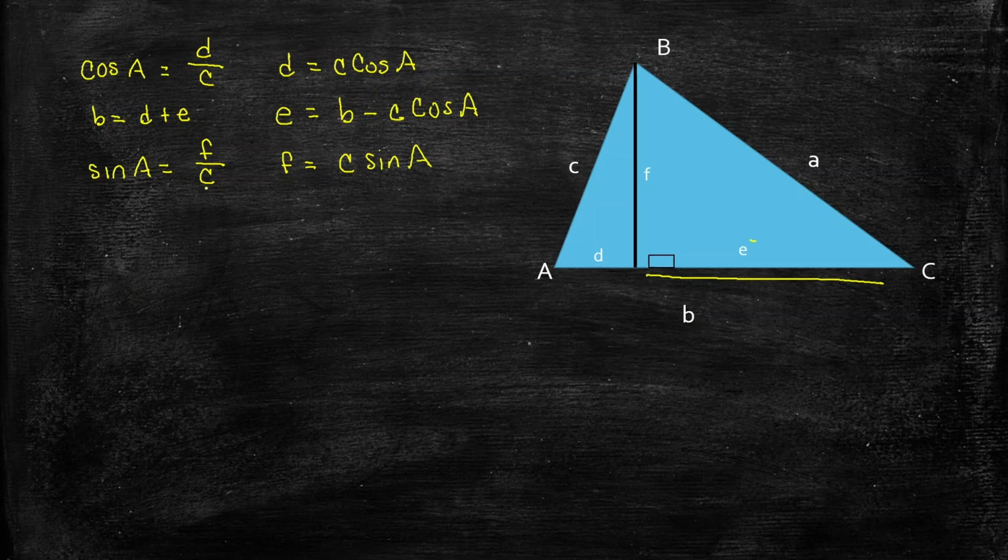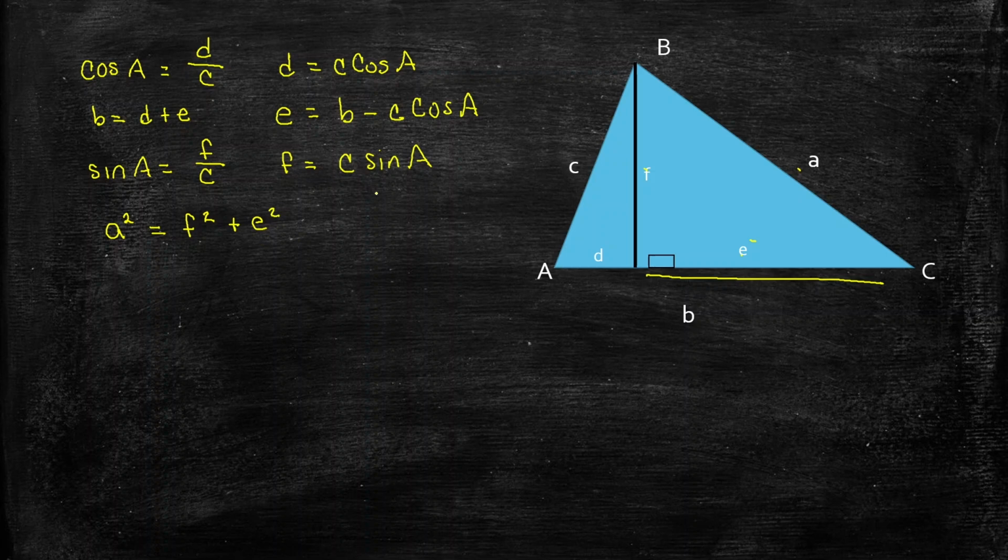And going from that, let's do the Pythagorean theorem for this triangle inside here, this triangle AFE. Using the Pythagorean theorem, because this is now a right triangle, right? So a squared equals f squared plus e squared.